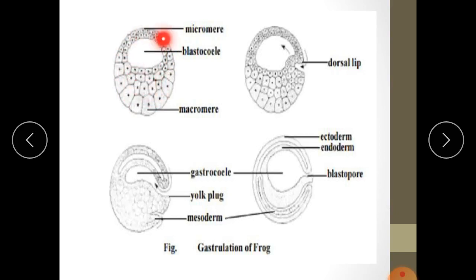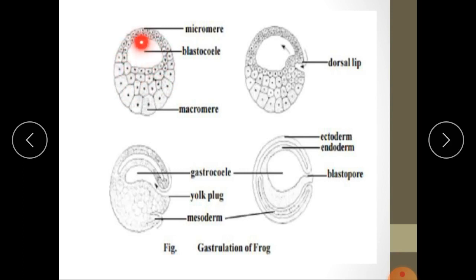Micromeres divide very fast without any hurdle because they do not have any yolk. They multiply rapidly, whereas these cells do not multiply rapidly. As a result, a cavity is developed at the center. This cavity is filled by fluid secreted by the surrounding cells.